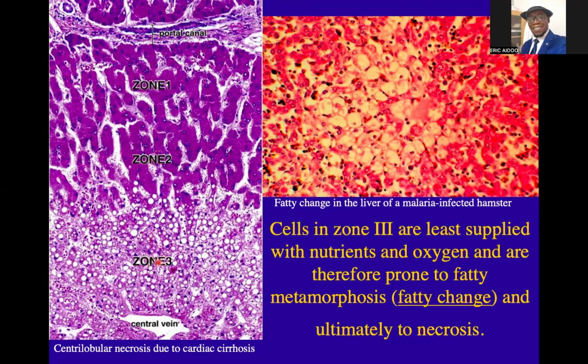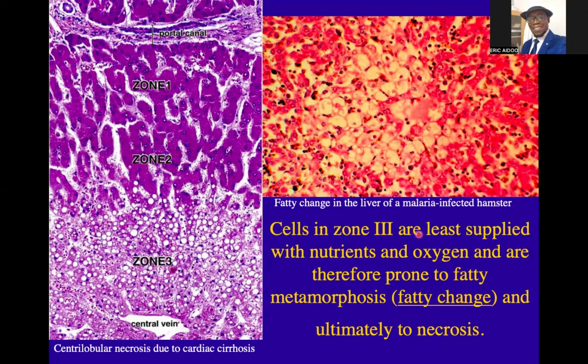Zone 3 will not have much, so usually they are the ones that get destroyed or damaged due to lack of blood supply. But if there is a toxin, then you end up rather having zone 1 getting a lot of the share.